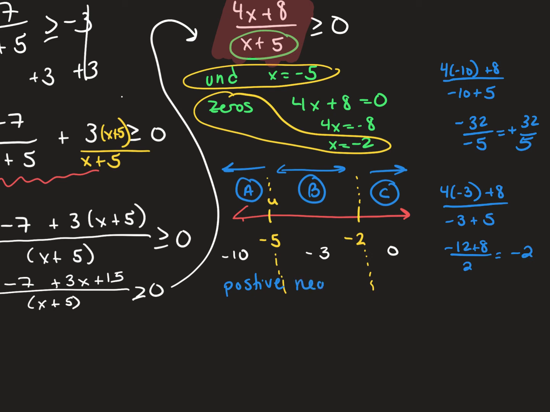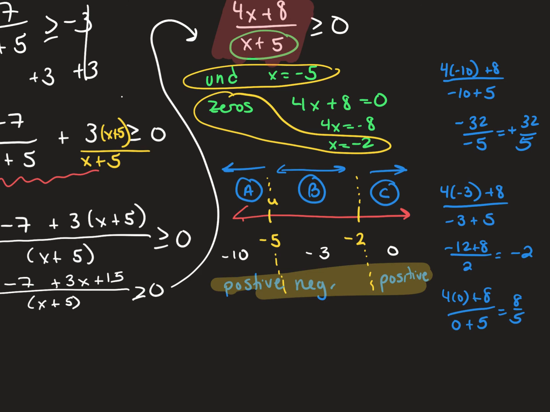So plugging in negative 3 gives me a negative. Then I'll plug in 0 to my function: 4 times 0 plus 8 over 0 plus 5, which is 8/5. So that's positive. That's why we call it a sign chart, because I really don't care what these numbers are. All I really care about is if they're positive or negative.